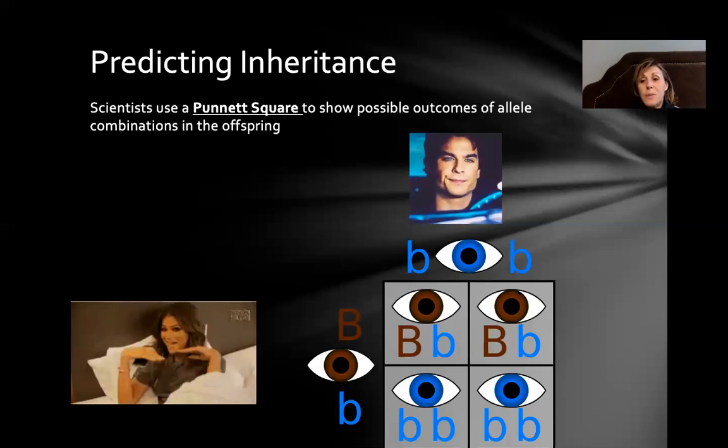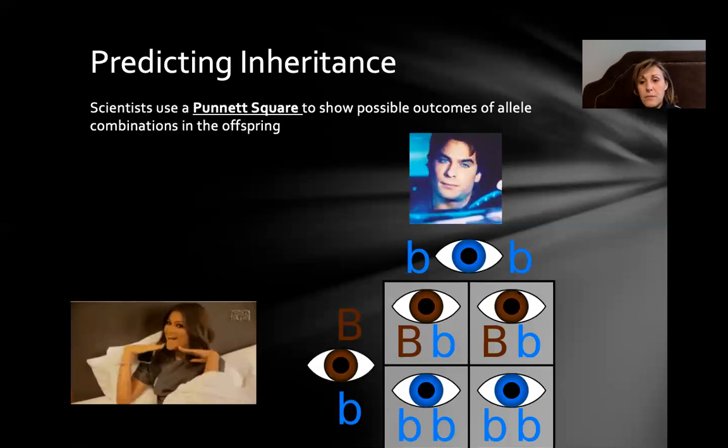Homozygous dominant would be big B, big B. So there's no way that these two could have a child with the genotype big B, big B. And then if I said, what is the chance the genotype would be homozygous recessive? These are these guys, little b, little b, same, recessive, lowercase. So that would be the predictions.